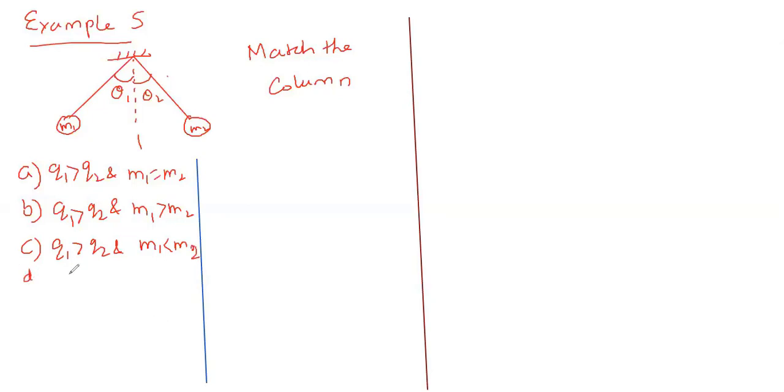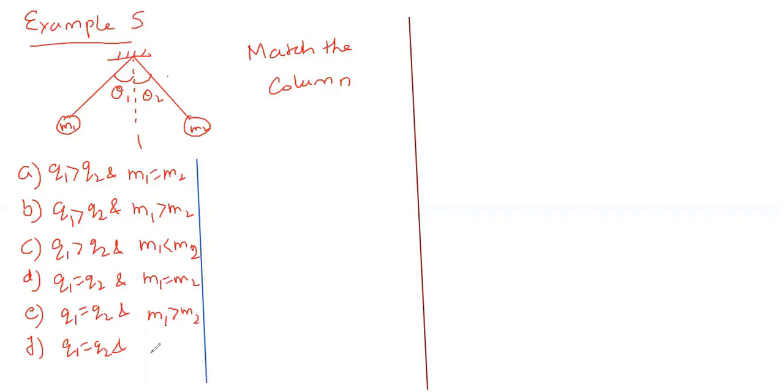In D part, q1 is equal to q2 and m1 is equal to m2. In E part, q1 is equal to q2 and m1 is greater than m2.